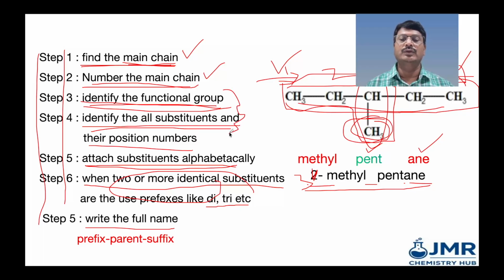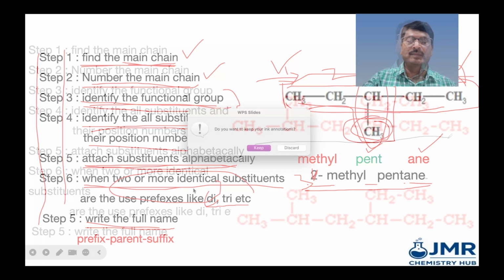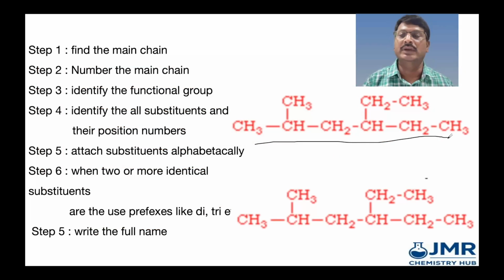According to this you give the numbering to the main chain, and if more than one substituent is there you write them in alphabetical order. If identical groups occur more than once, you use the words di, tri, tetra before that, and by combining all these words we get the name of the compound. Next, let us come to an example.